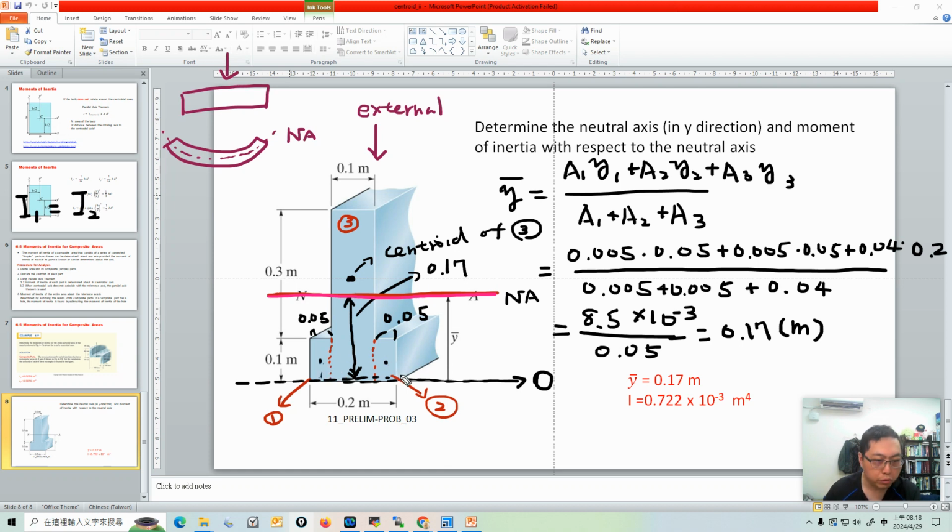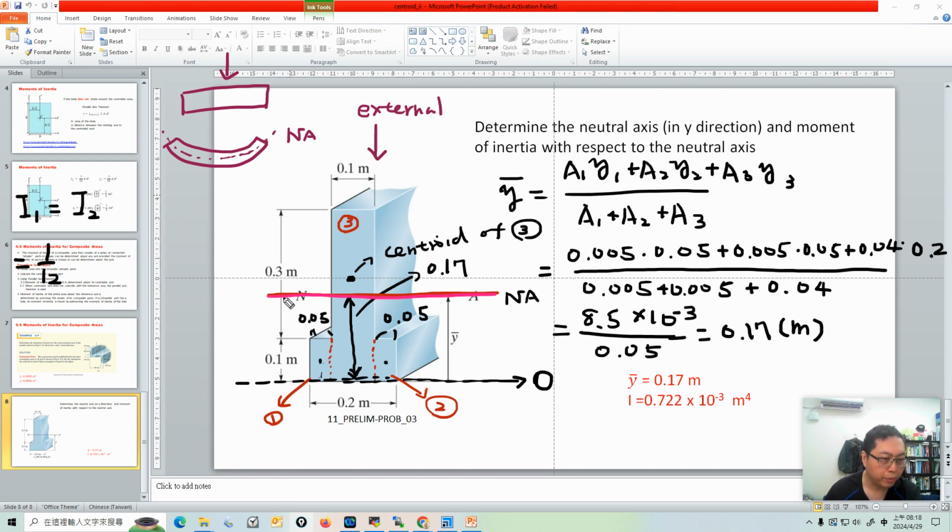So you need to use the parallel axis theorem to calculate the moment of inertia of 1 and 2. First, before using the parallel axis theorem, you still need the formula for the moment of inertia of a rectangle rotating around its centroidal axis. It's 1/12 times b times h cubed.